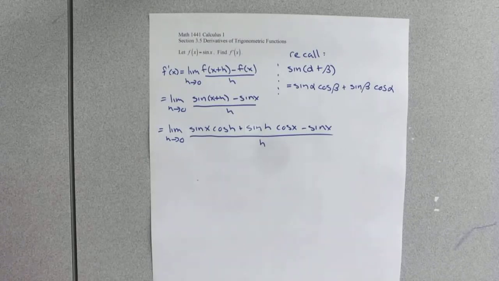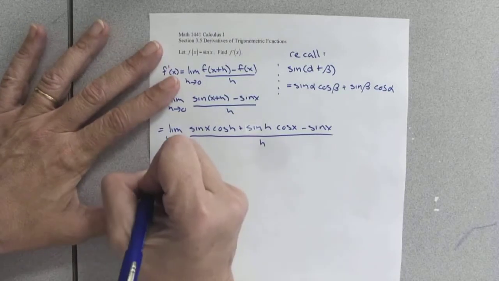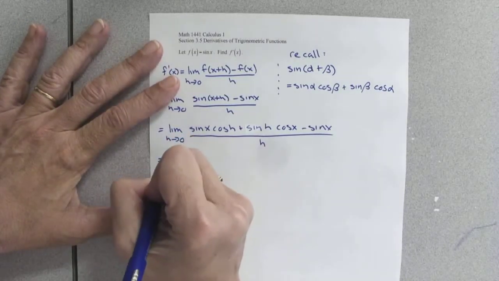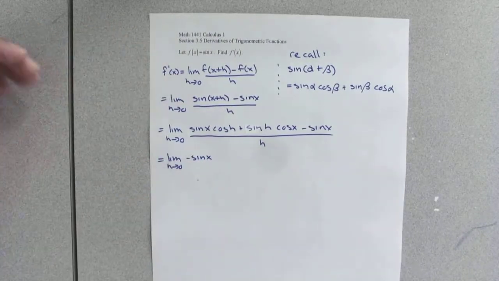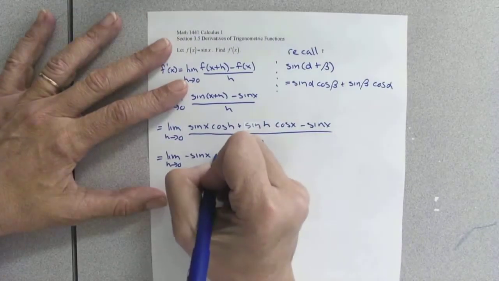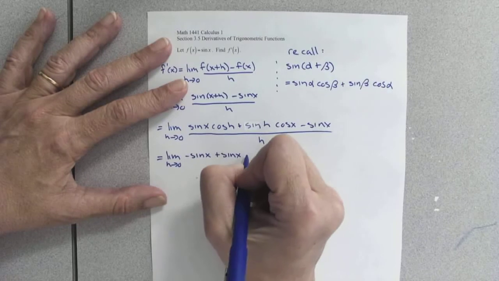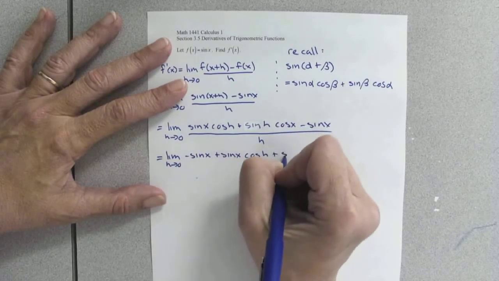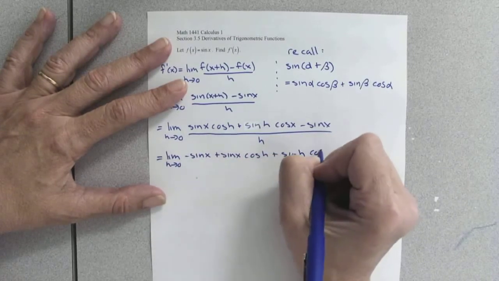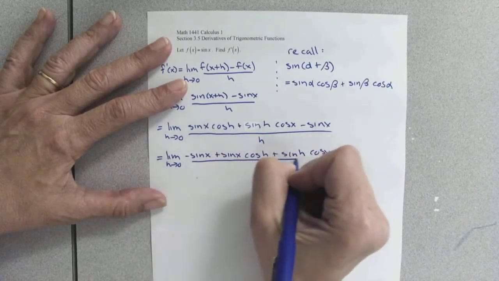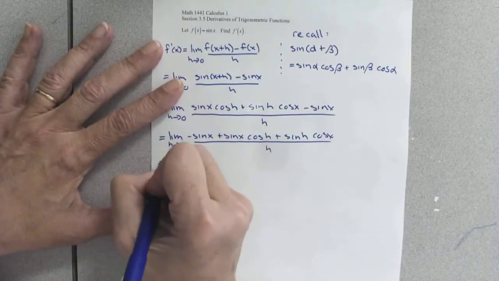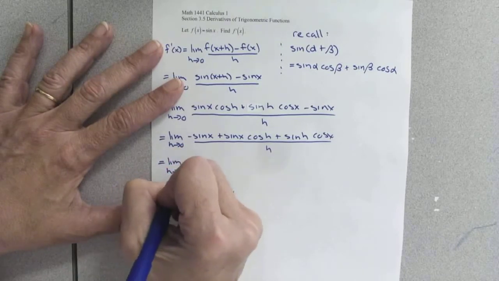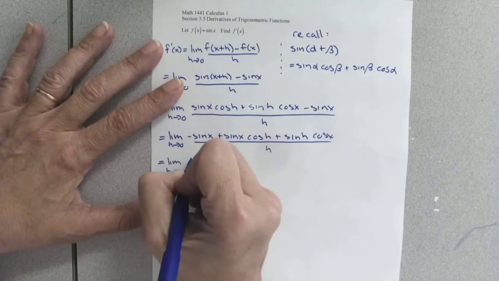Now, doing some magical rewriting, because I know where I'm going on this one. Just going to do a little rewriting here and bring that negative sine x up front. So negative sine x plus sine x cosine h plus sine h cosine x all over h. And then I'm going to split this up into 2 fractions, which is fine.